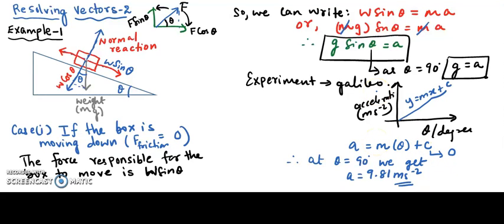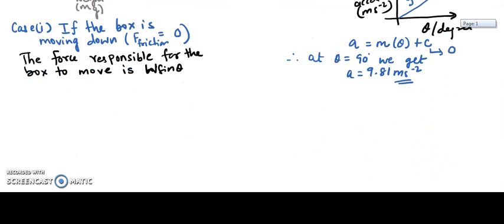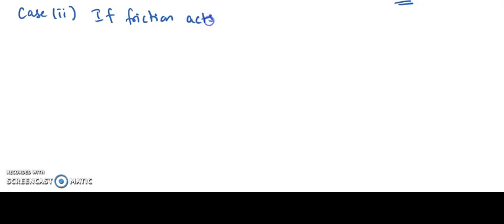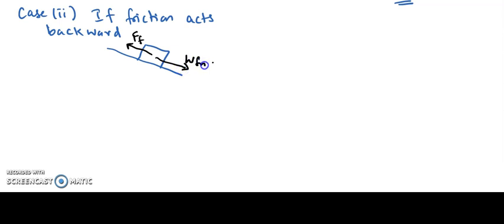All right, now we are going to discuss case 2. I'm moving down. Now in case 2, if friction acts backward, which means on this slope where you are having the object, you now get this one as your force of friction, and this is, as usual, W sin theta.